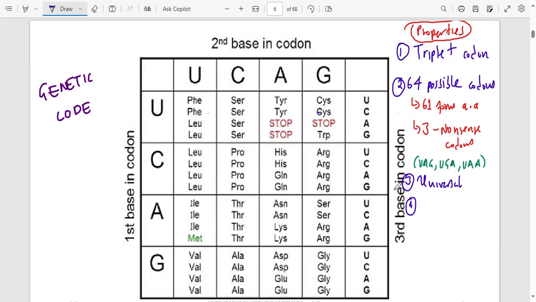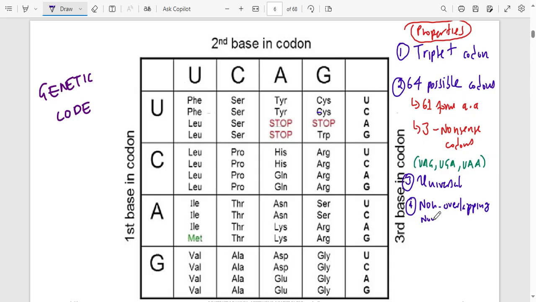Okay, and then you need also to know that it is non-overlapping. This is a very important property. Non-overlapping. Apart from that, we can as well say without punctuation. Okay?